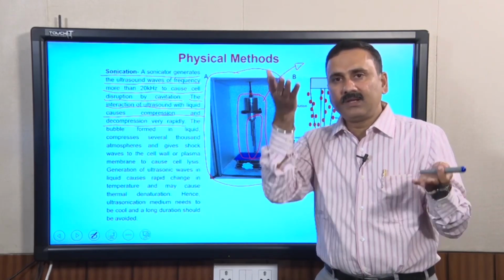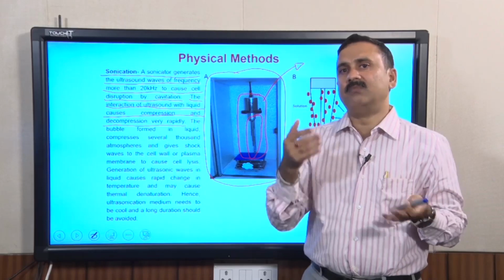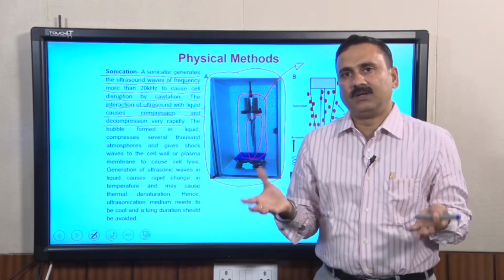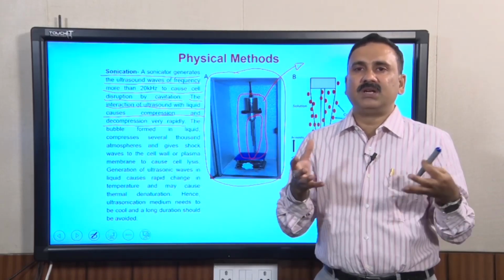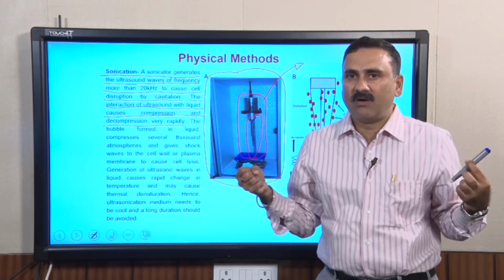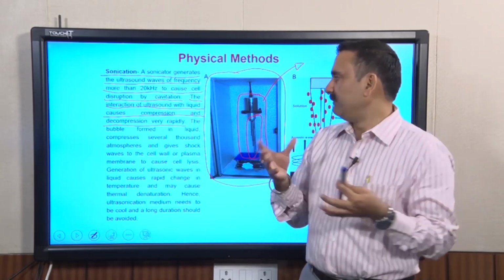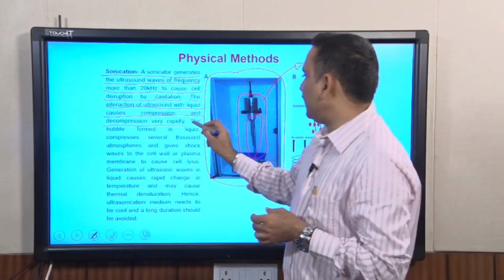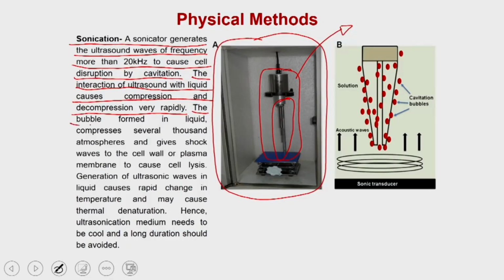As a result of this compression and decompression, the waves generate a large quantity of bubbles in the liquid. The bubbles compress at several thousand atmospheres and give shock waves to the cell wall or the plasma membrane to cause cell lysis.